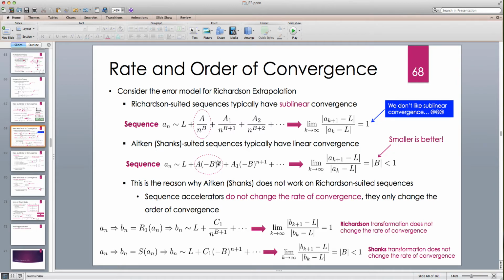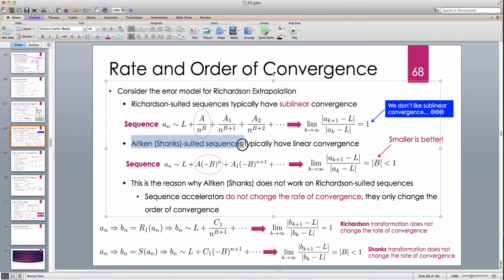Similarly, for sequences that have an oscillatory behavior or oscillatory error model, we said that those are suitable for Aitken or Shanks transforms. And if we put it here, we see that this error model, some number to the nth power, has a limit of magnitude absolute value of b, and in order for this sequence to converge, or the error term to go to 0, the magnitude of b must be less than 1, all right.